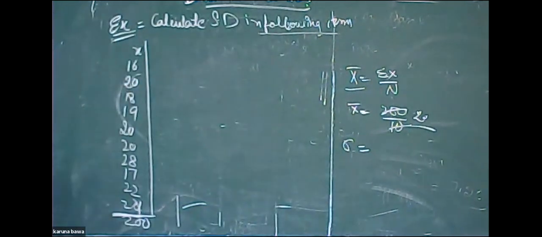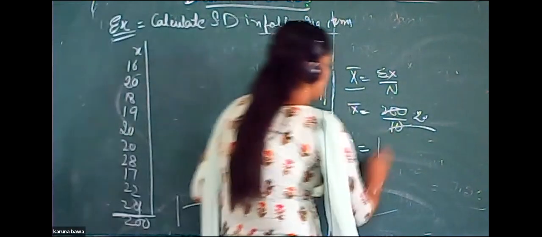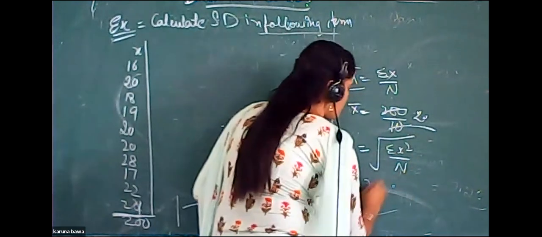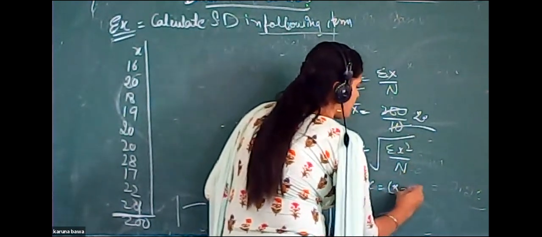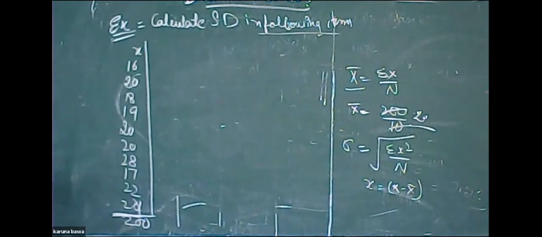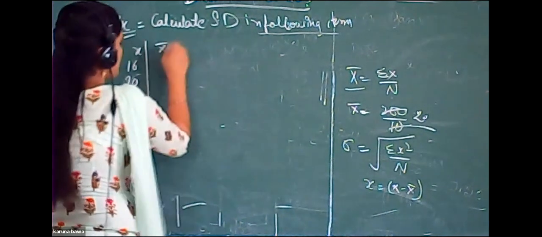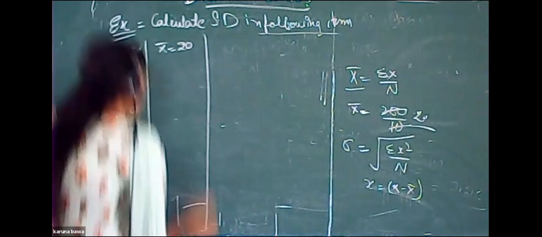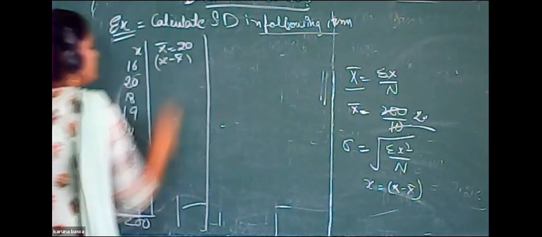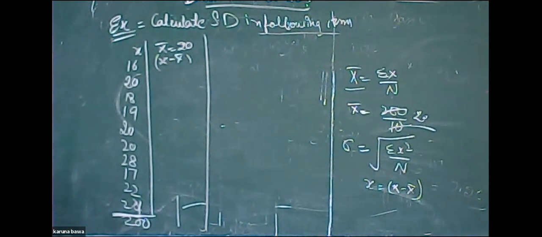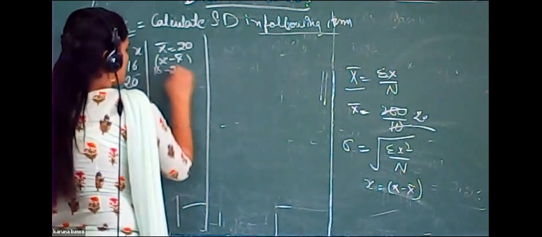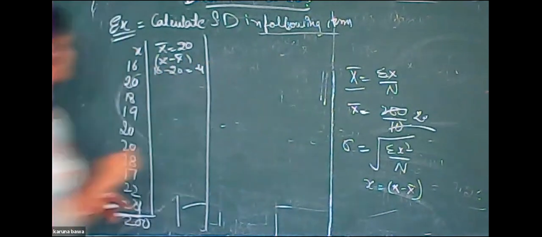The formula of the standard deviation is the square root of summation x squared over n. As we know, small x is found with x minus mean. So now, with the mean equal to 20, find the value of x minus mean. 16 minus 20 is minus 4.